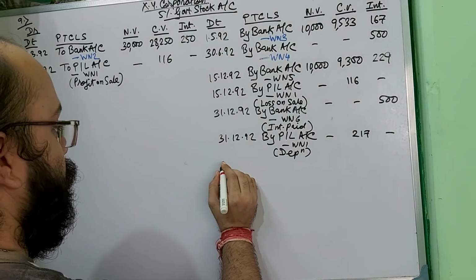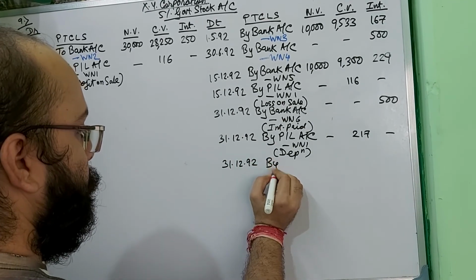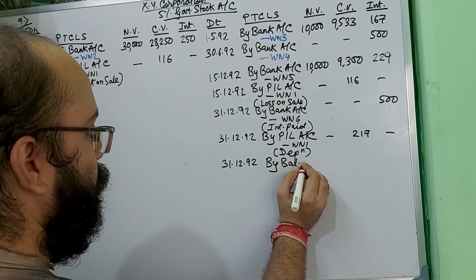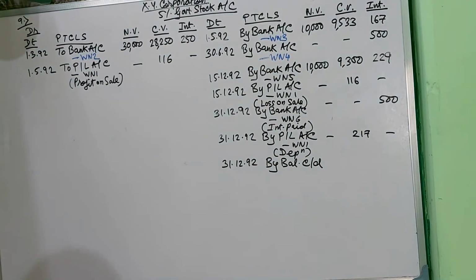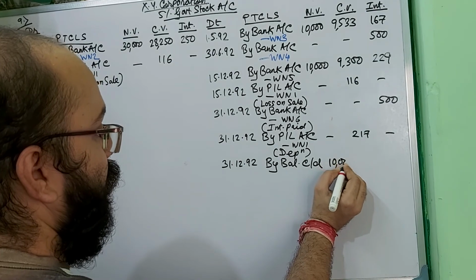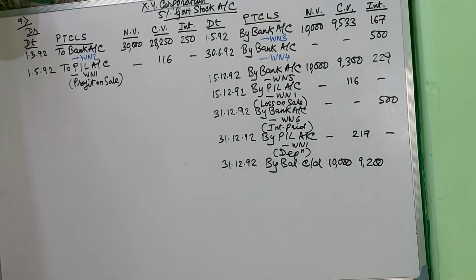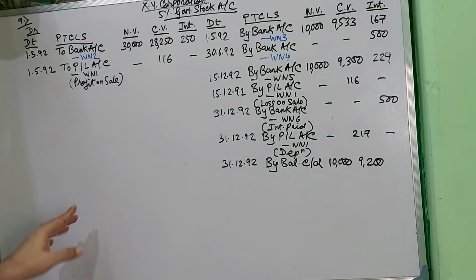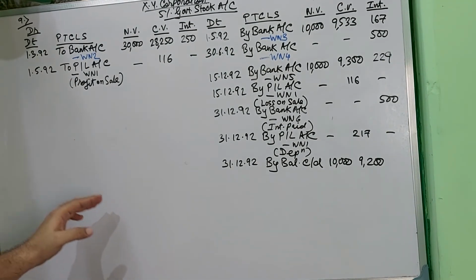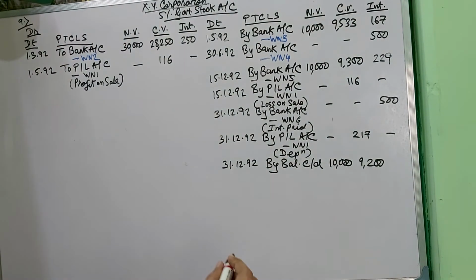And the balance remains by balance CD. How much? If you see working note 1 last, it is 9,200 in capital value and nominal value 10,000.